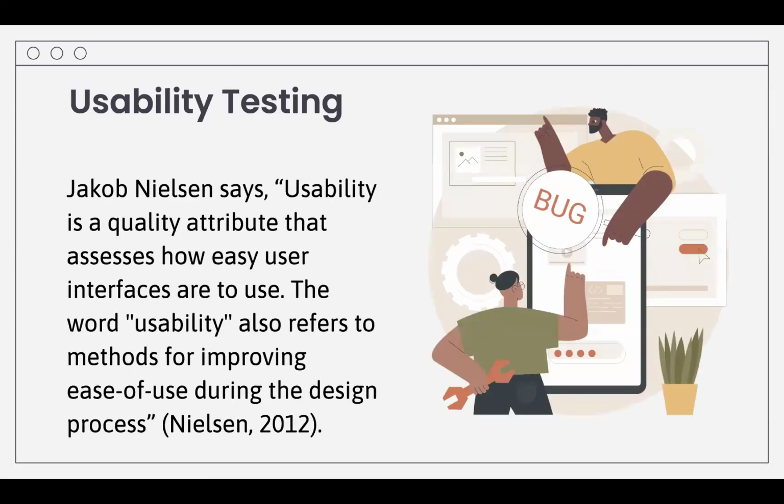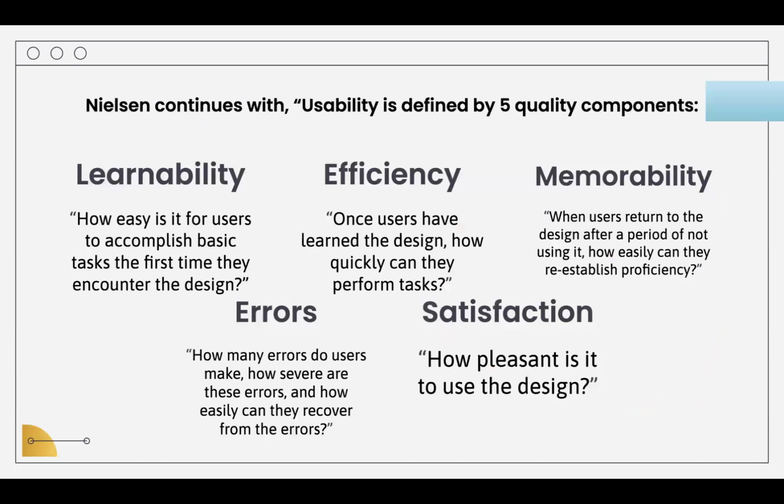Jakob Nielsen says usability is a quality attribute that assesses how easy user interfaces are to use. The word usability also refers to methods for improving ease of use during the design process. Nielsen continues with usability is defined by 5 quality components.